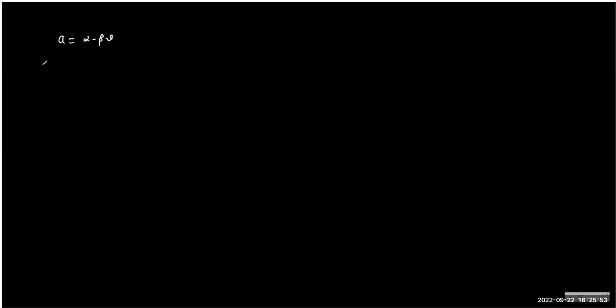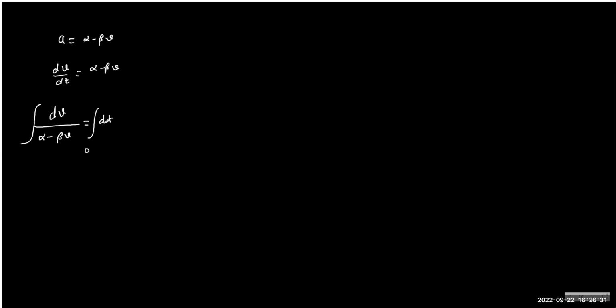Because A is a function of v, we can write dv by dt. This is the differential equation. Now we can solve it: dv upon alpha minus beta v equals dt, right?